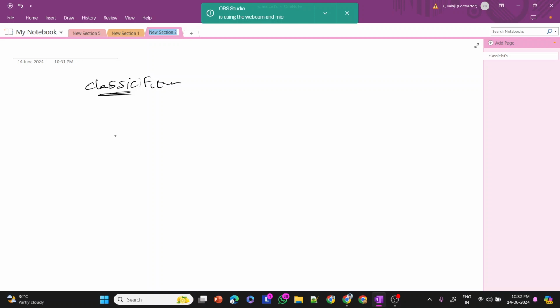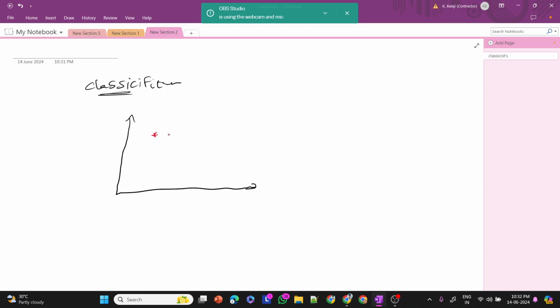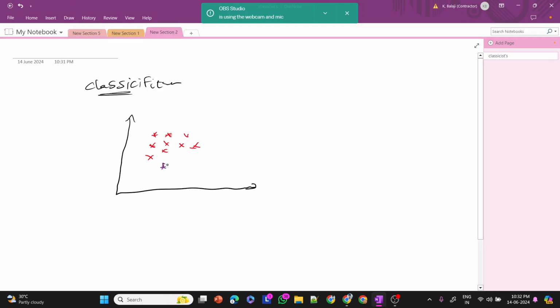Let's take an example. There is a two-dimensional plane. It contains some data points. The data points have two categories. For example, here there is some data, and here there are other data points.